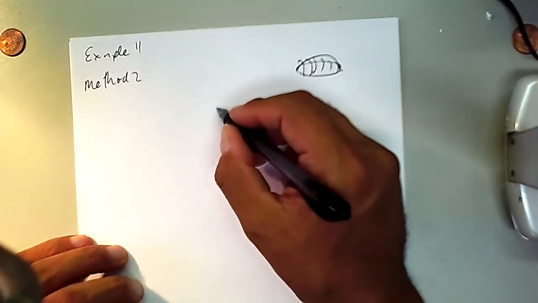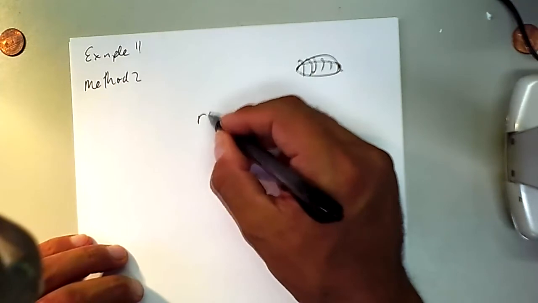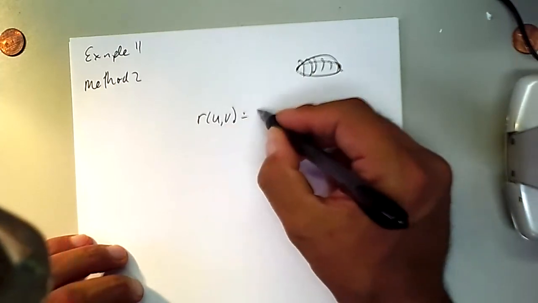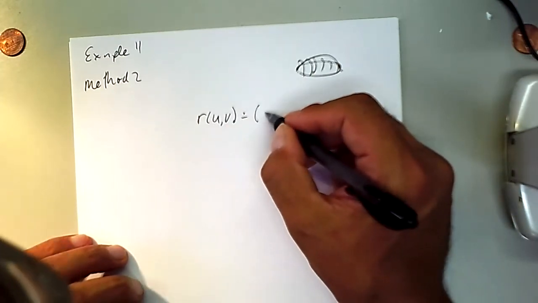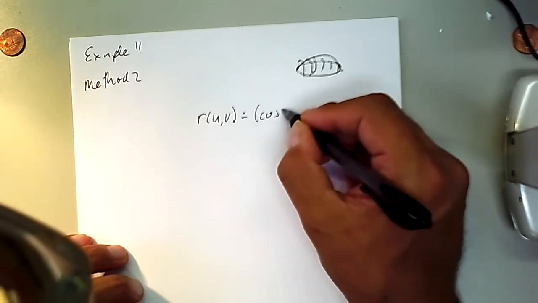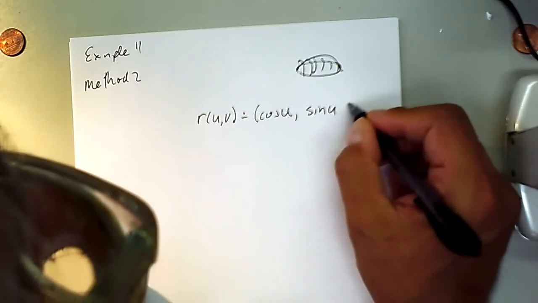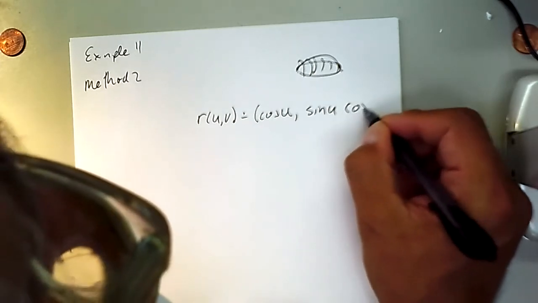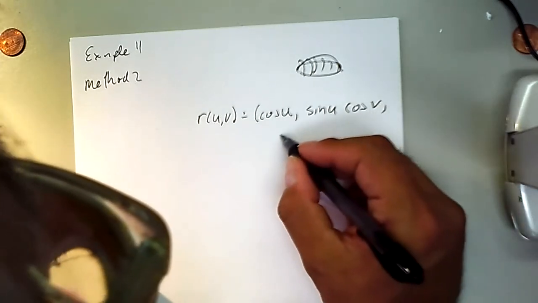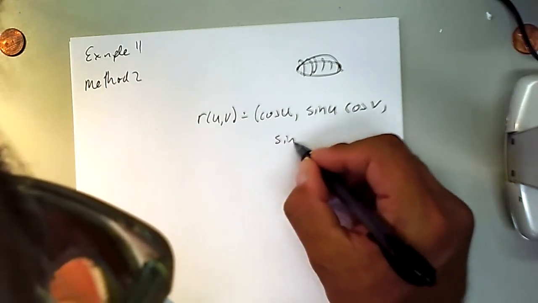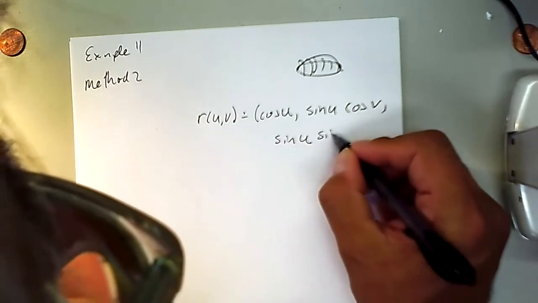And remember how we parameterize the semisphere. Let's see, r of u, v would be cosine u, sine u cosine v, comma, sine u sine v.